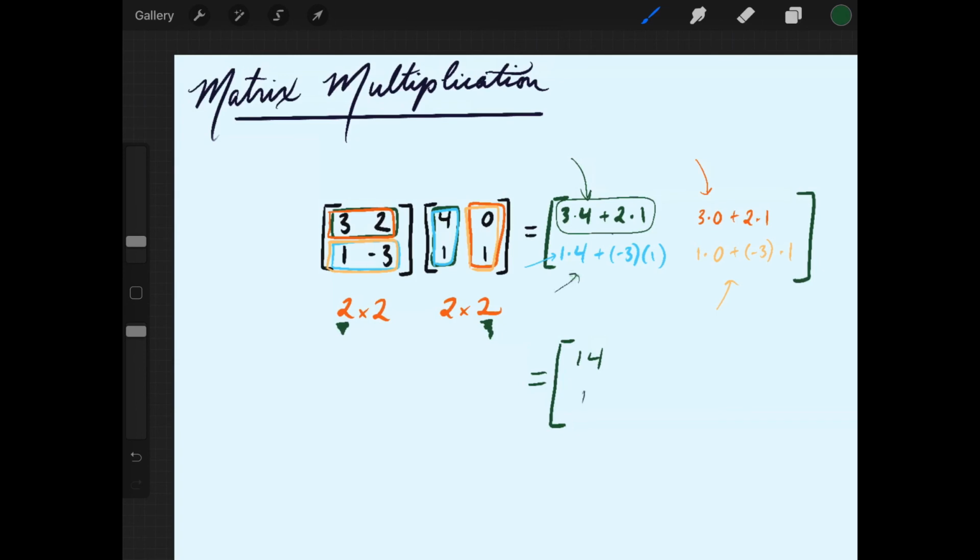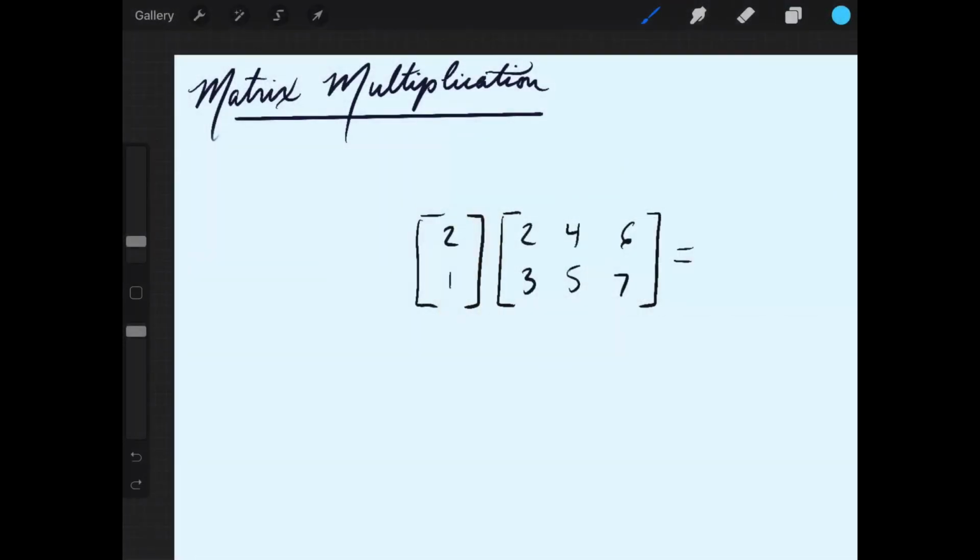My second row, first column, I have 4 minus 3, which is 1. In my first row, second column, I have 0 plus 2, which is 2. And in my second row, second column, I have 0 plus negative 3, which is negative 3. So there we go. A little bit quicker, partially because these matrices were smaller.